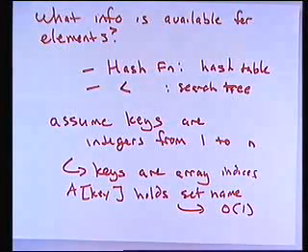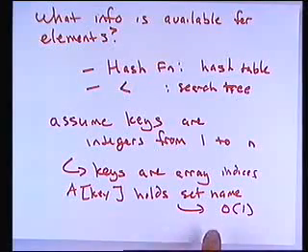If our keys are from 1 to n, let them be array indices, and say doing a find on a key is equivalent to using that key as an index to an array, and then we can retrieve our set name in constant time.